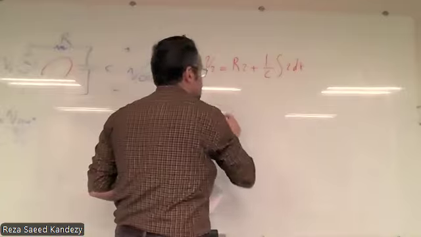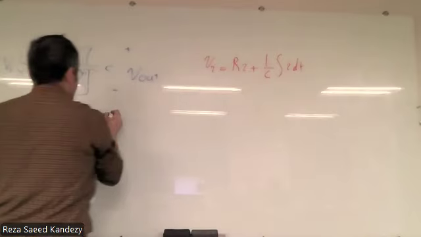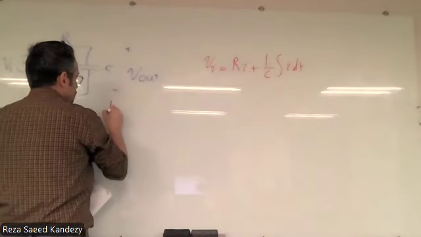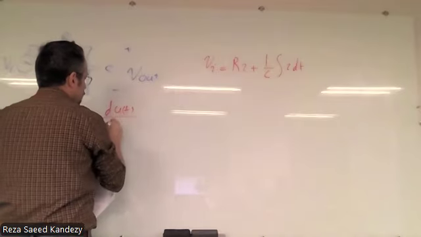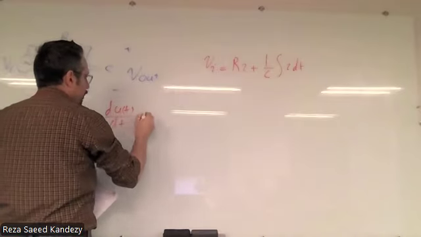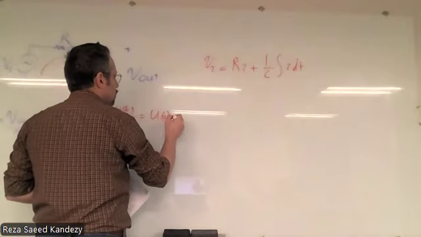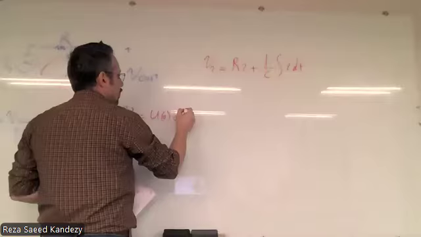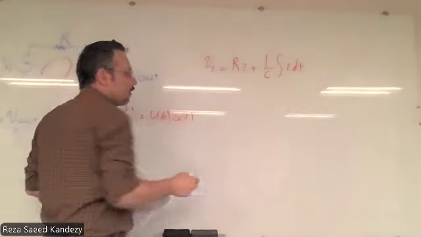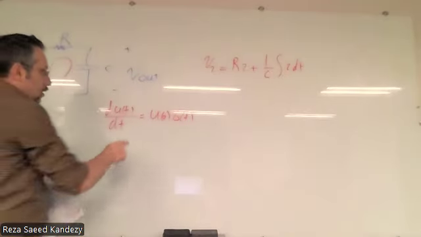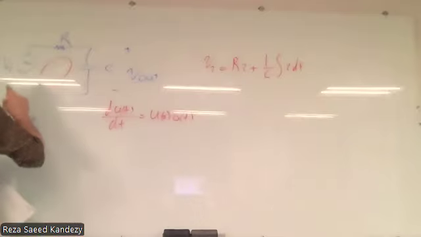The differential of u of t, as you remember from calculus, is the initial condition times the delta function.